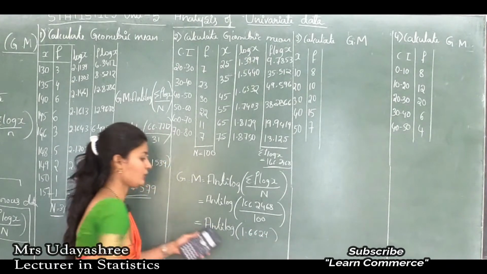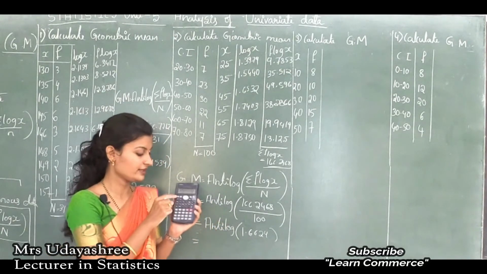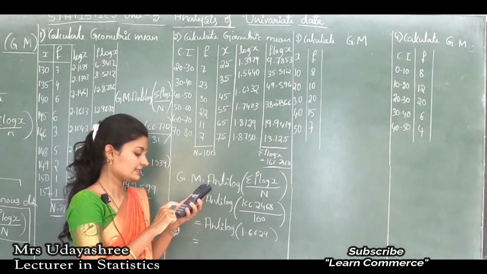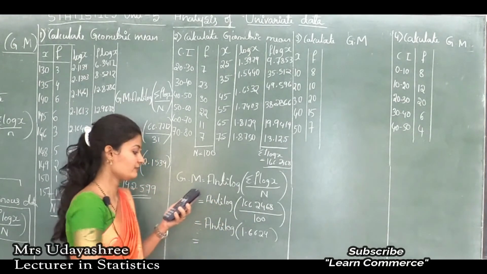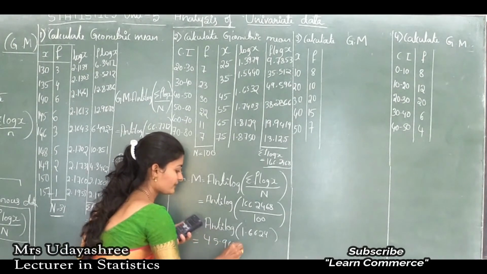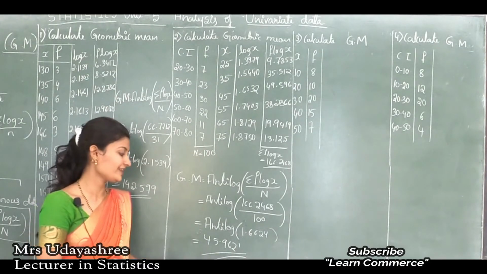How to calculate antilog? Shift log, then this value 1.6624, and that value is 45.9621. So the geometric mean is 45.9621.